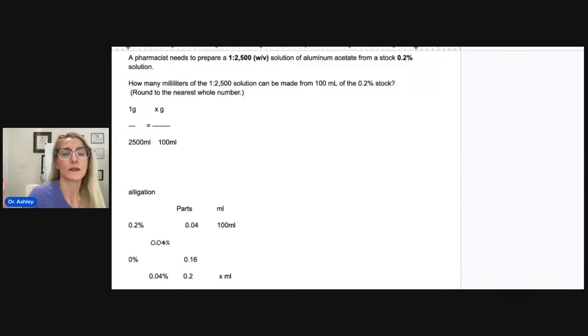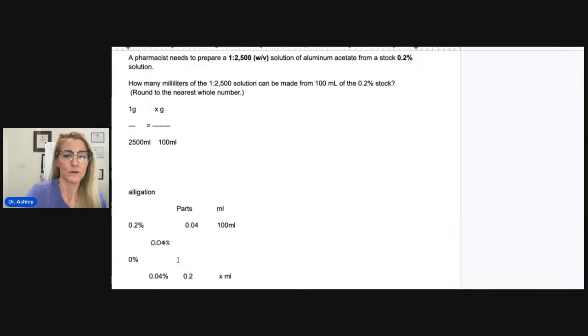So we'll wind up ending with this one, but this is our trick. If anybody has struggled with the alligation method, we take this and this, whatever parts are directly to the left of your milliliters. So if I take this number and I have milliliters here, I need the parts directly to the left of it. That means I don't really need that.